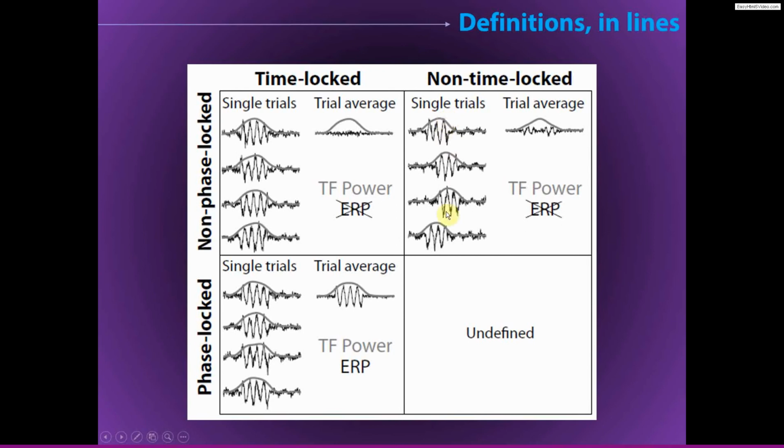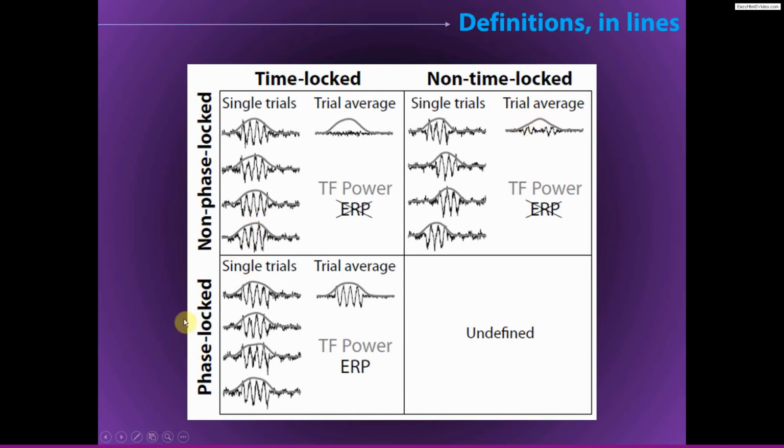In this case, you can see visually there's still quite some overlap, so we do get a somewhat dampened response, still measurable with time frequency power, and we don't measure it with the ERP. Of course, if the activity was really strongly non-time-locked, and the event in the brain was happening somewhere between 200 milliseconds and 2,000 milliseconds after stimulus onset, then eventually it's just going to average out and you wouldn't really see much of anything.